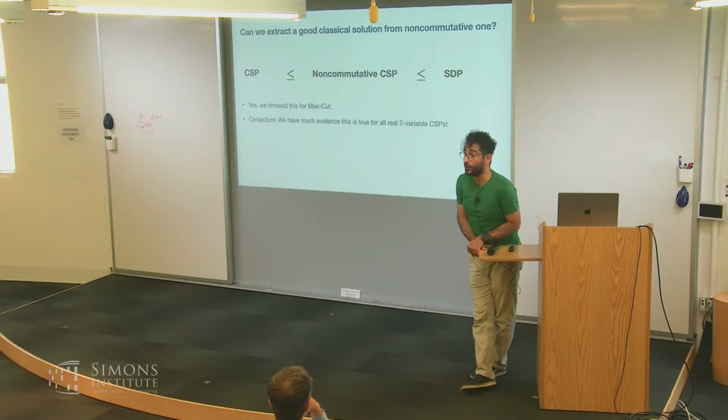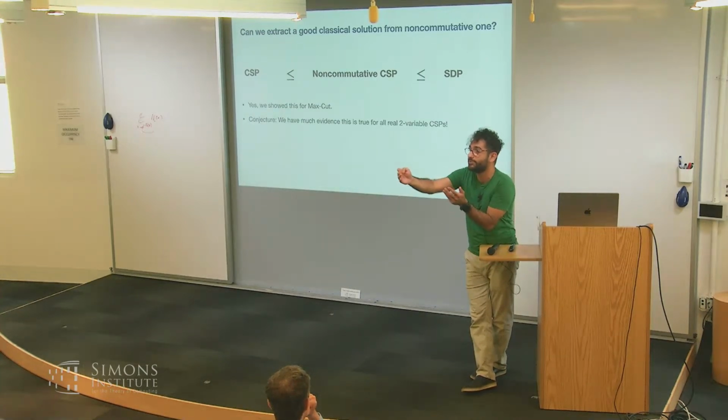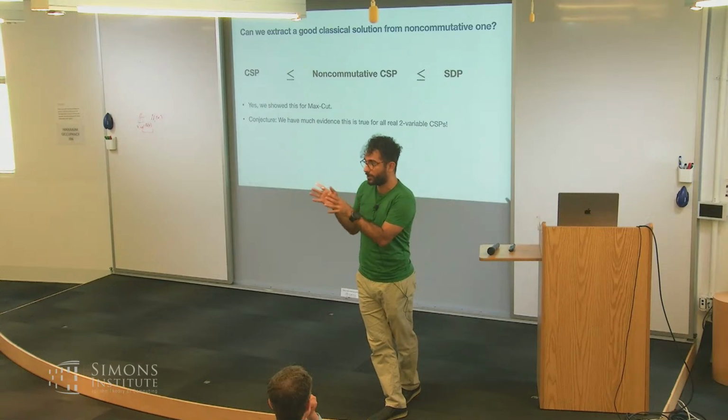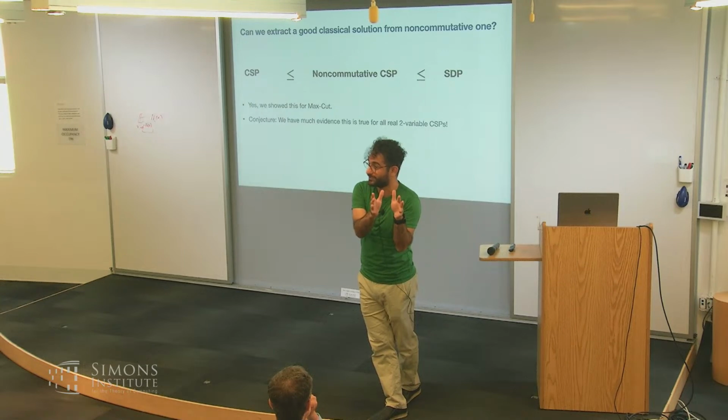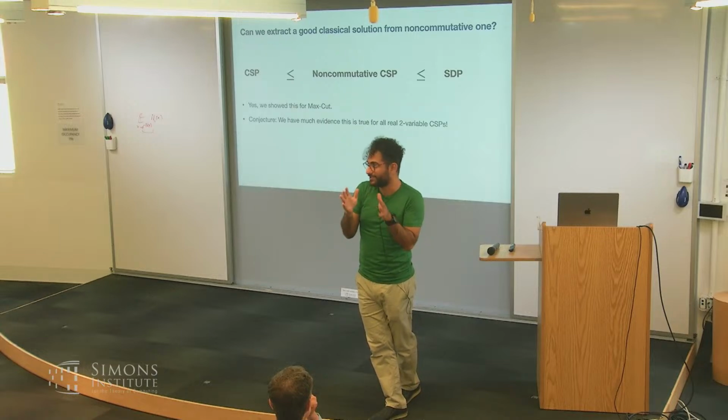No, only for max k-cut, which is a subclass of two-variable CSPs. Unique games are also two-variable CSPs, and we don't know how to solve them efficiently non-commutatively. But we already know that for non-commutative unique games there are algorithms that go far beyond what we could hope to get classically, because classically the unique games conjecture tells us we cannot tell the difference between 1 minus epsilon versus epsilon.